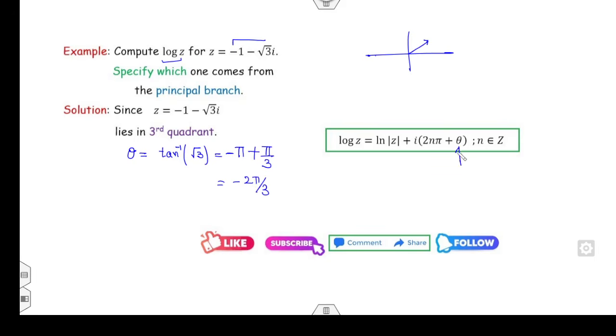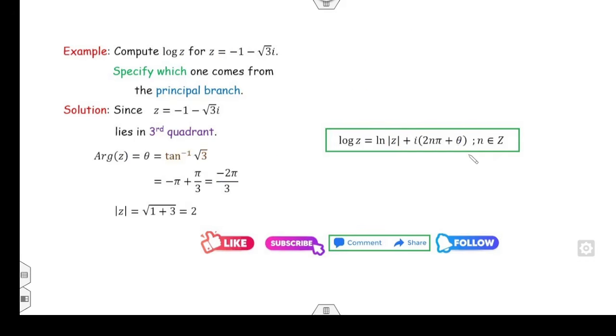I can substitute theta is minus 2 pi by 3, and how much is the modulus of z? Root of real square plus imaginary square, that will be 2. I can substitute the modulus value as 2, and minus 2 pi by 3 is the argument. Fine.